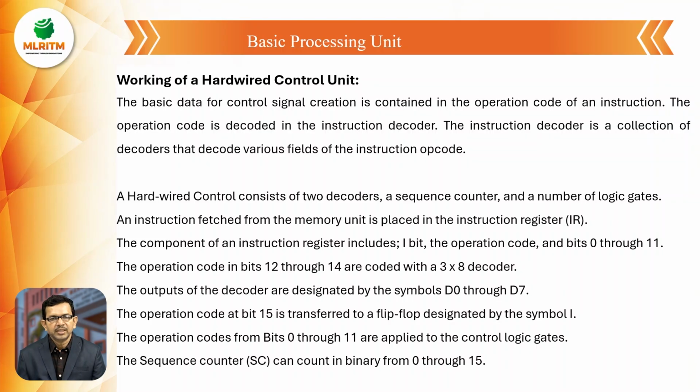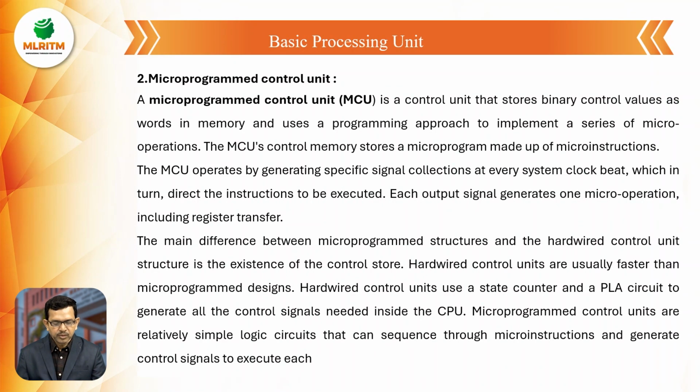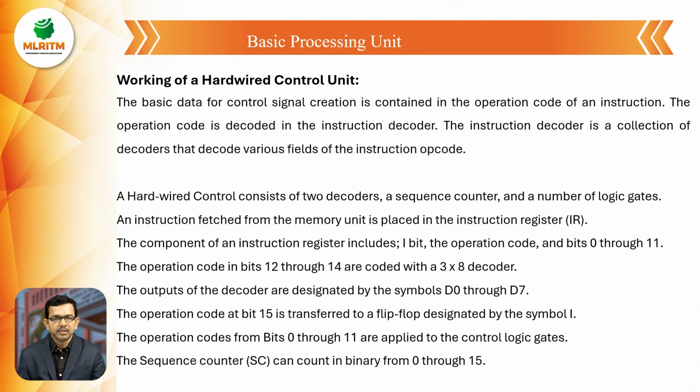The 16-bit register is indicated or counted with the sequence counter. So in this way, the hardware control unit is processed and executes the instructions. Whenever required, we have to change the hardware logic gates depending upon the instruction we are giving.